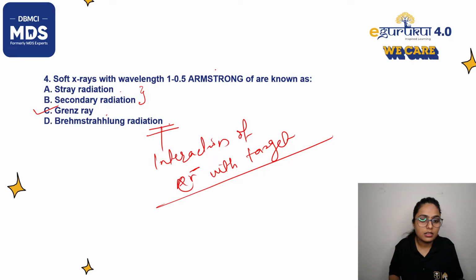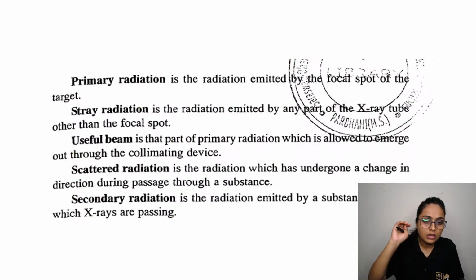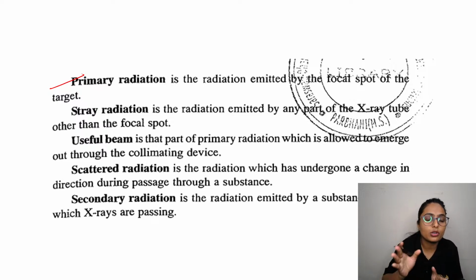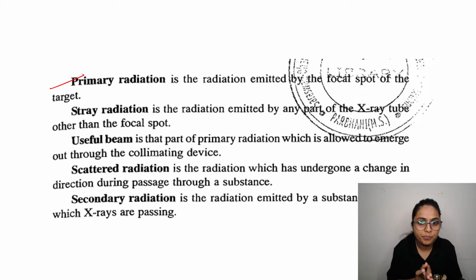Then stray radiation and what is secondary radiation. You should know the terminologies. First, we have primary radiation. Primary radiation is radiation emitted by the focal spot of the target.